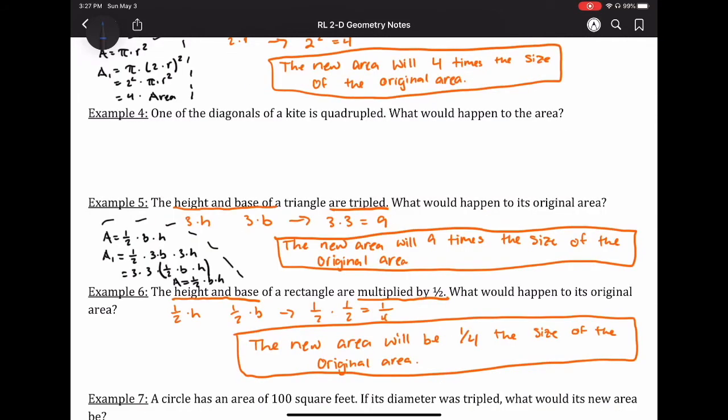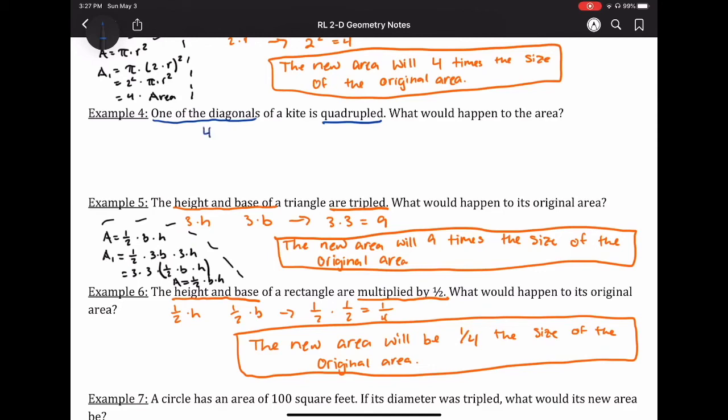Example number 4, it says one of the diagonals of a kite is quadrupled. What would happen to the area? Okay, so this is that situation where you have one diagonal that is being changed. So because you just have one diagonal changed, that same change is going to happen to the area. It says it's quadrupled. Let's just say the diagonal is p.